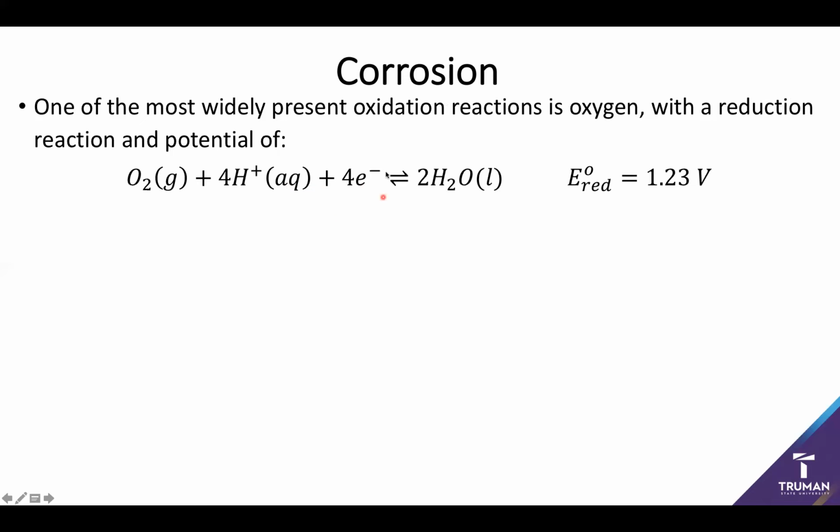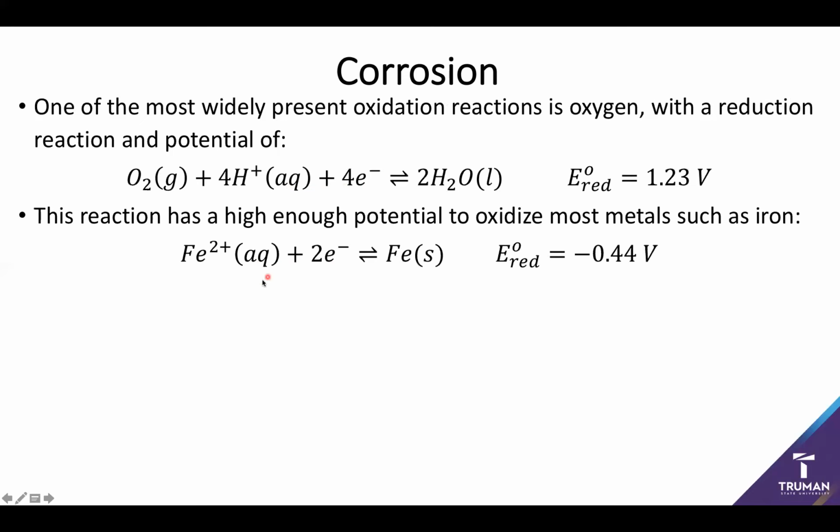And it can go ahead and accept 4 electrons, which means if I combine it with something like iron, the one with the lowest reduction potential, so the one most likely to oxidize, will be taking iron to iron 2 plus. So with a reduction potential of negative 0.44, it means that iron readily oxidizes to iron 2 plus, and oxygen readily reduces to form water.